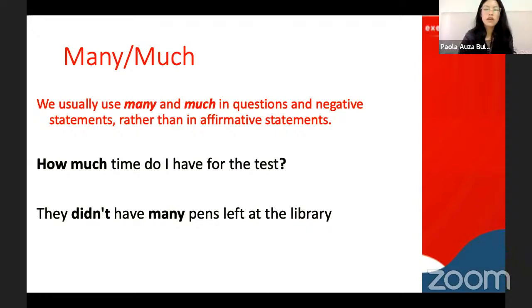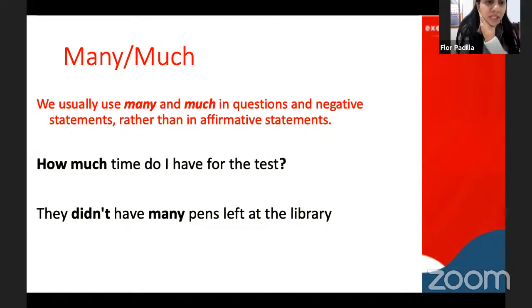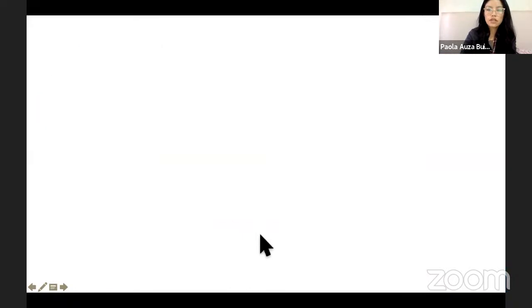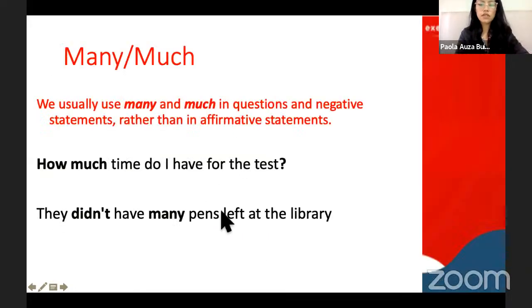Very good. This is a question. How much? And the second one too, please. They didn't have many pens left at the library. Excellent. In this case, we're talking about a countable noun, so we use many. They didn't have many pens. All right, that's all. So, any questions?